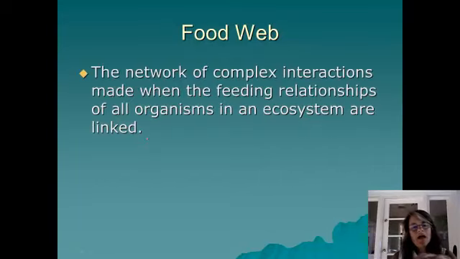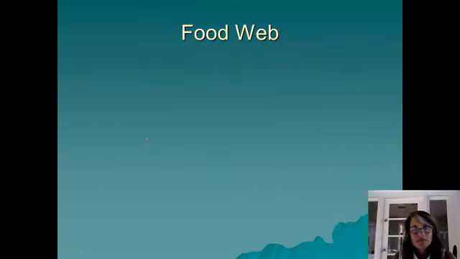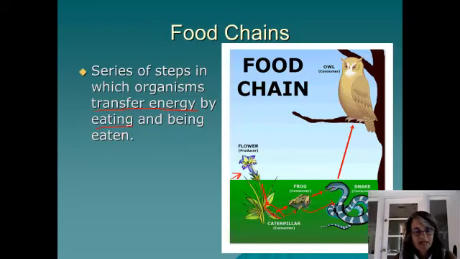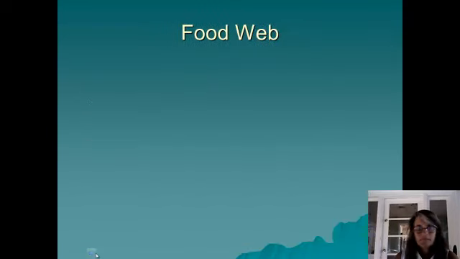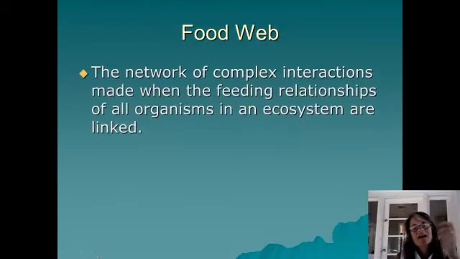Now, a food web. So a food chain is exactly that. It is a chain. Here's a link, here's the next link, here's the next link. It's one line. A food web, however, is a bunch of food chains basically all connected, a network.